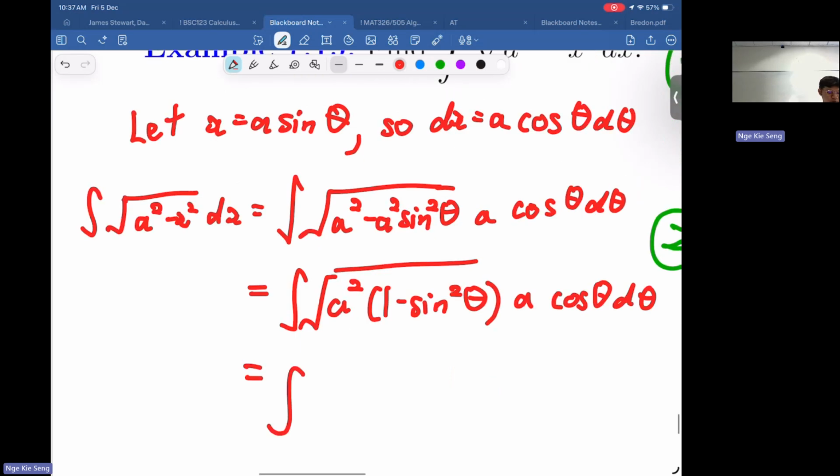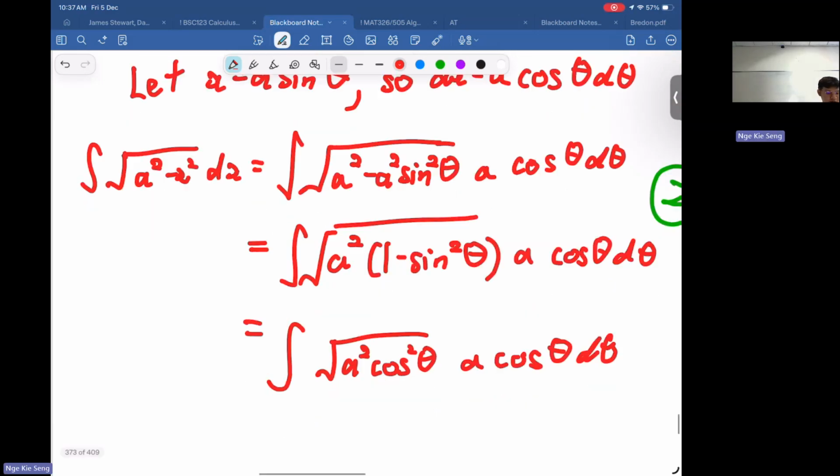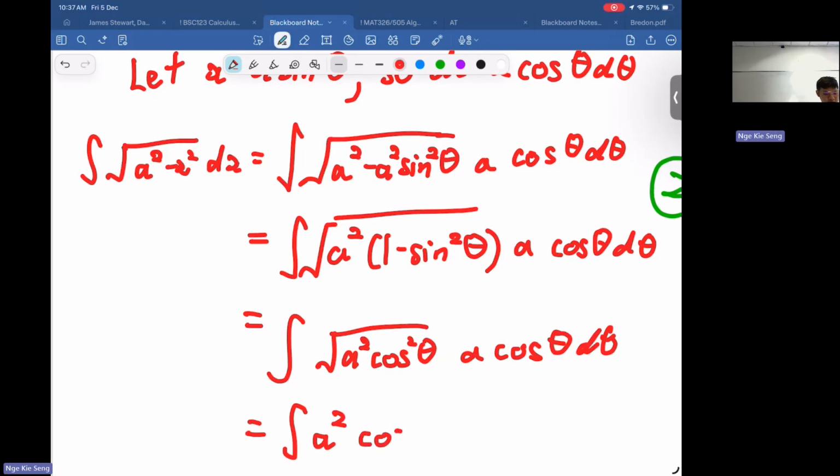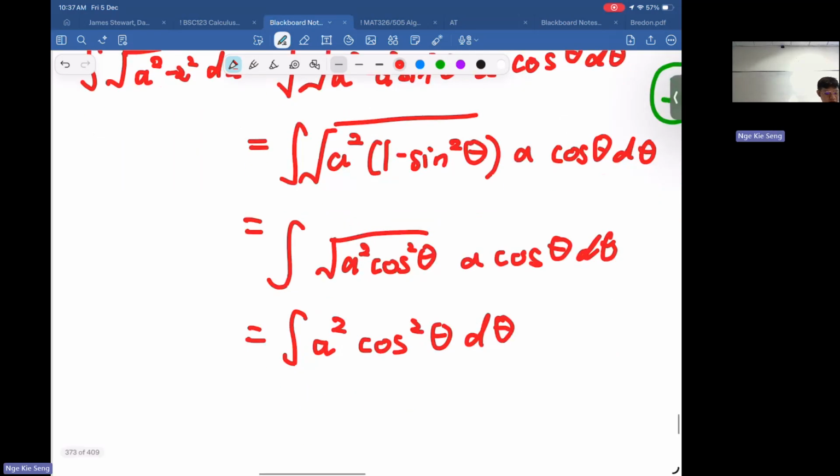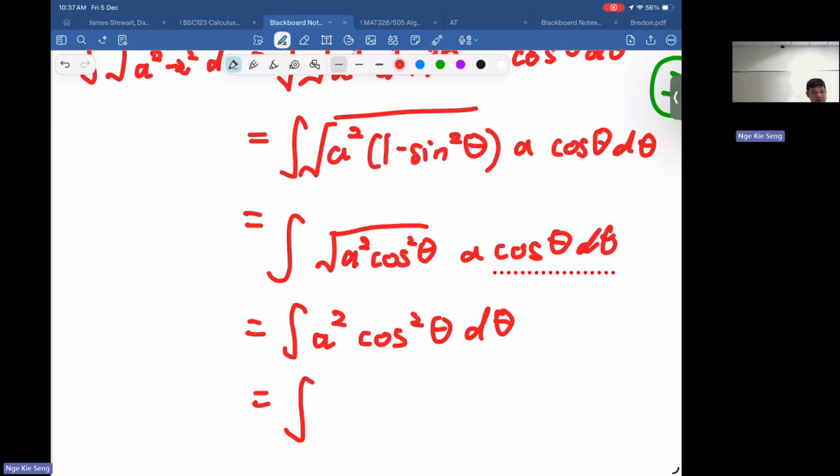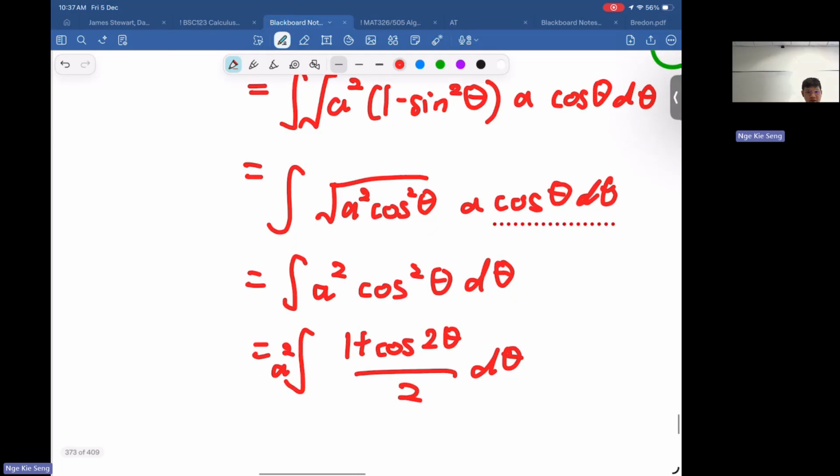We use the famous formula to reduce this to cos squared theta. In the end, we still produce cos squared theta here. So just now we decided that we can make this into a double angle formula. Is it 1 plus cos 2 theta over 2? Can you check this double angle formula? Yeah.